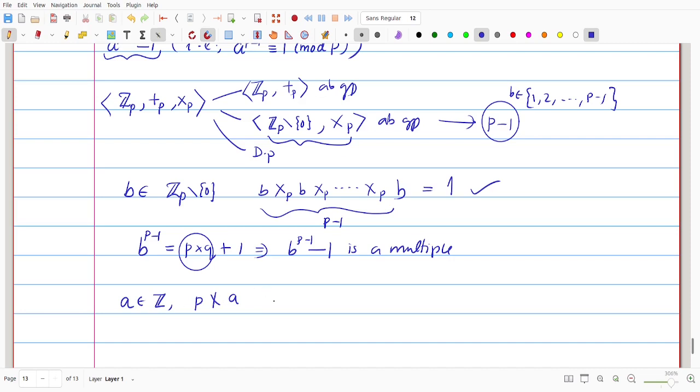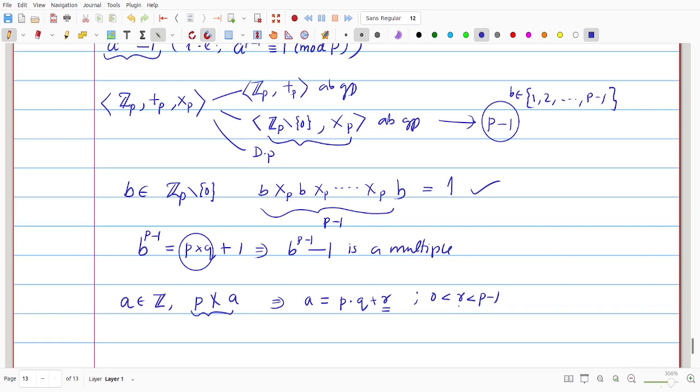Now A can be written as a multiple of P plus R. What is the importance of this R? 0 is less than R less than P, because we assume that P does not divide A, so A is not a multiple of P, and then this R will not be 0.